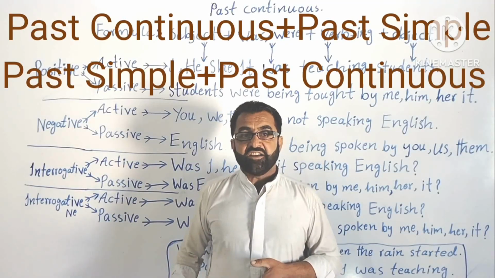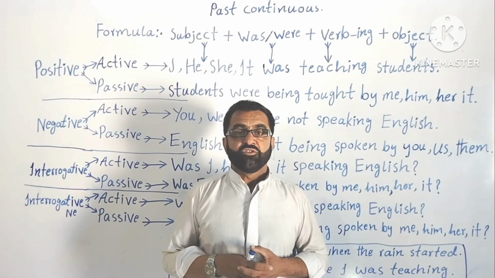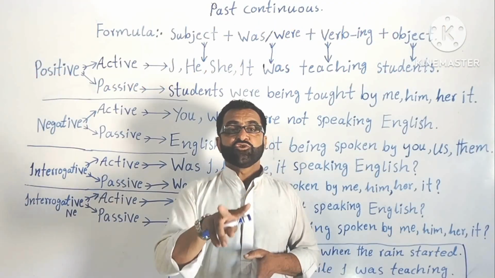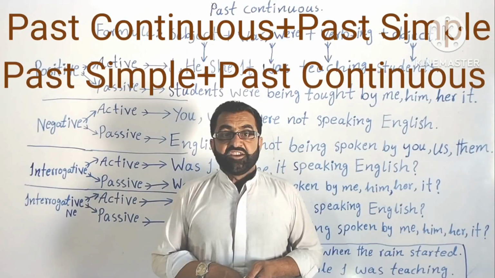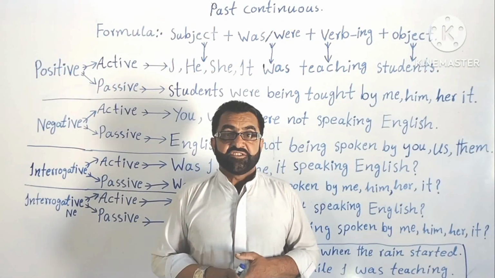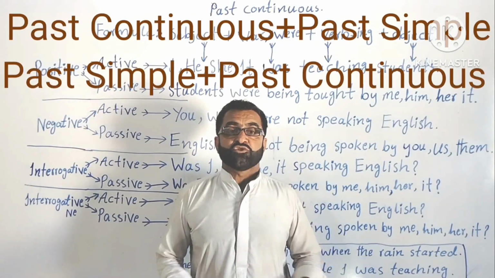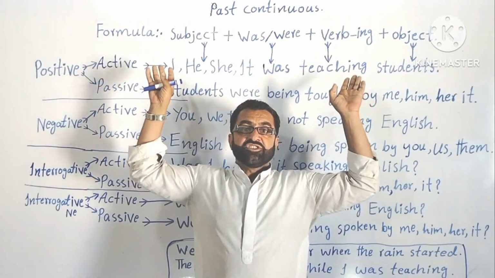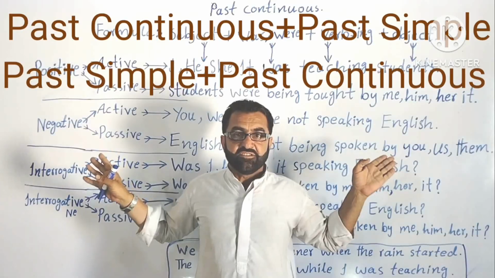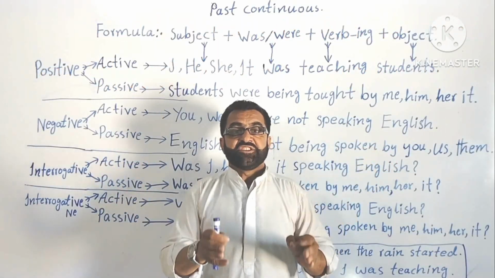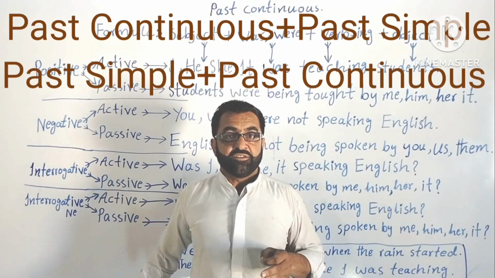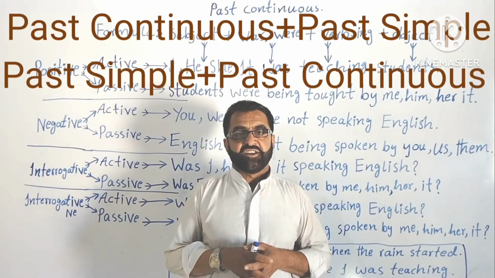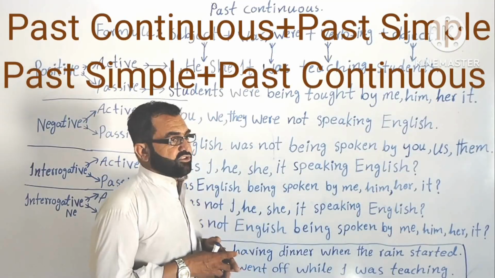I did not have enough place on the board, that's why I have written just two examples, so that I show you that sentences in past continuous can be made like this also, not only in the common way. Sentences in that way can also be made in past continuous. Now let's go to the examples so that you understand them very well.